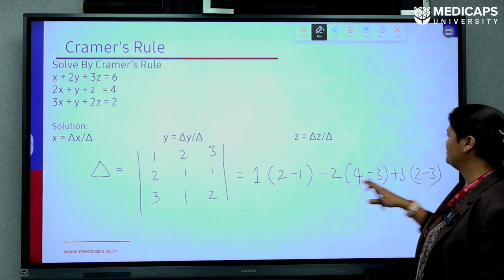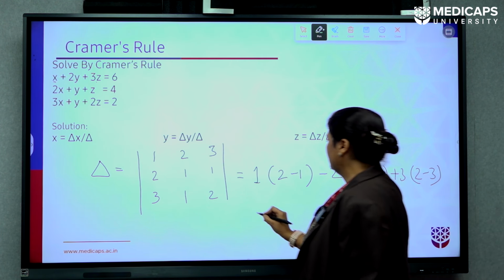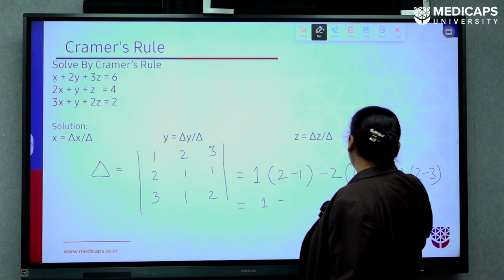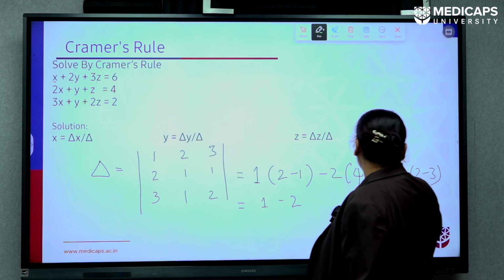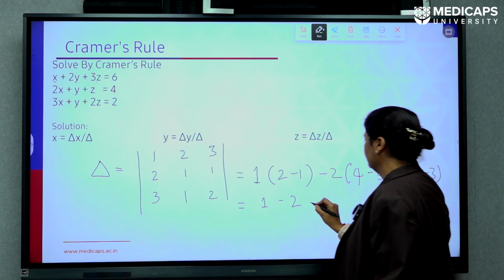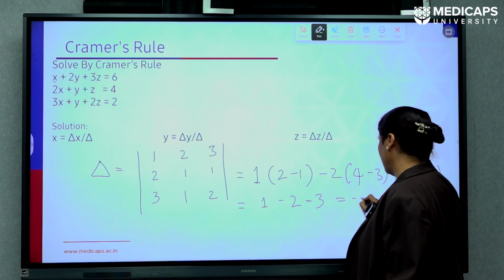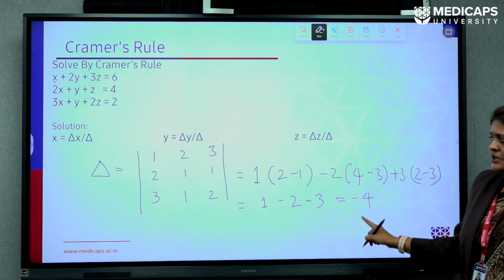So that is how we expand this determinant. Now calculating this: 2 minus 1, 1 into 1, 1, minus 4 minus 3 is 1, it's minus 2, 2 minus 3 is minus 1, so it will be minus 3, minus 3, minus 2, minus 5, and this is minus 4. This is del.